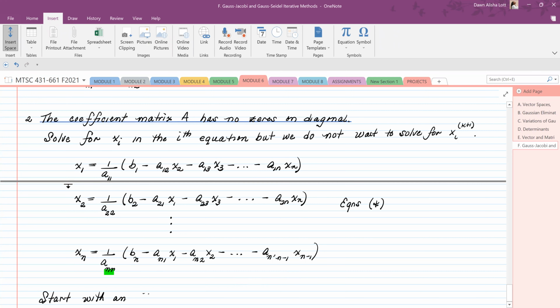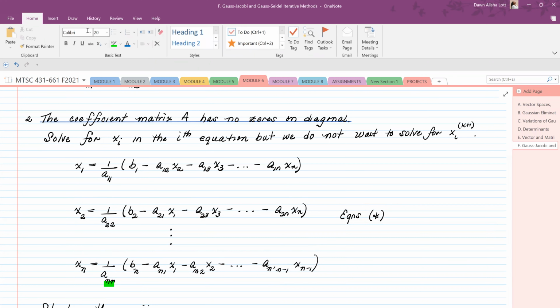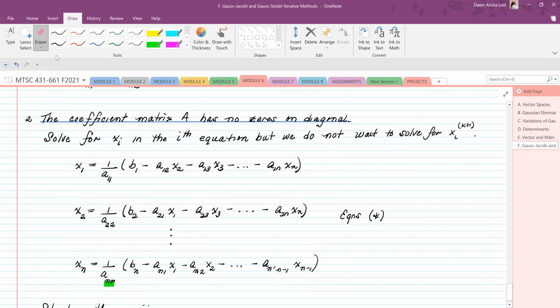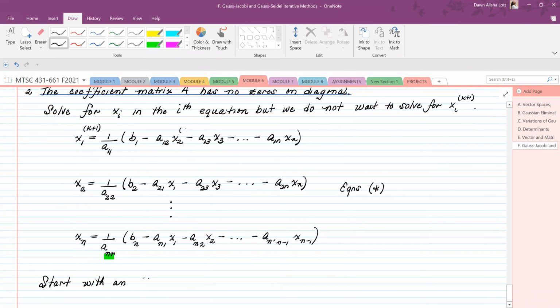So the first equation stays the same. This is at k plus 1, we solved that. And all of these are at k.